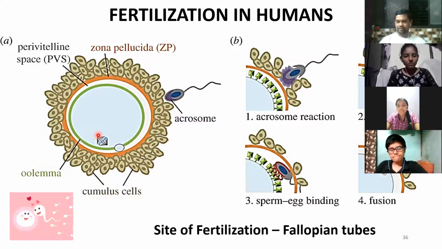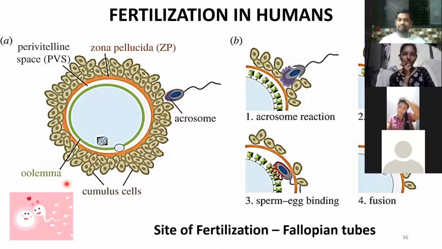It is nothing but a cytoplasm, but since it is in the oocyte, it is called ooplasm. Okay, and the ooplasm is immediately surrounded by a plasma membrane which is called the oolemma.